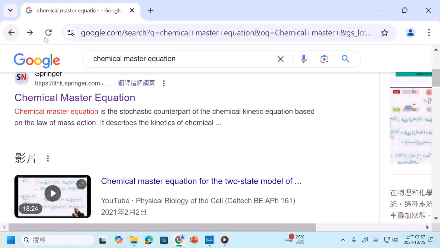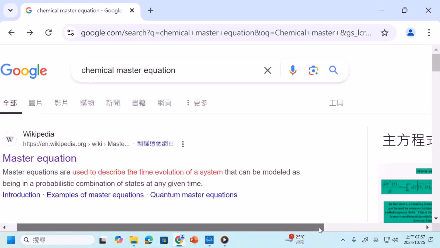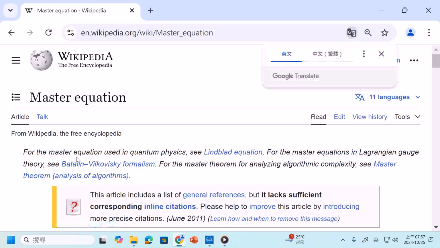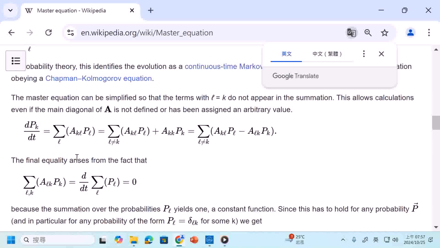But if you want to understand the chemical master equation much more, you can go to Wikipedia. The usual Wikipedia will write down the canonical form, or probably I should say the journal form. But this equation is kind of easier. Let's first write down a one-dimensional chemical master equation.